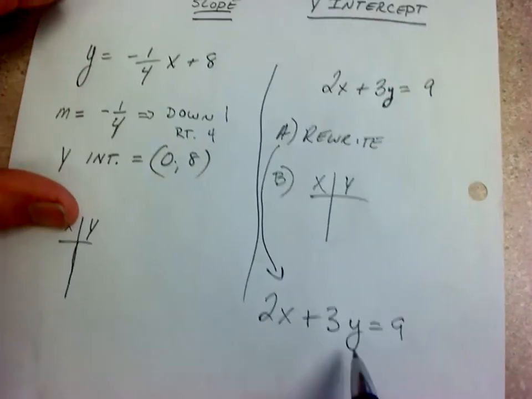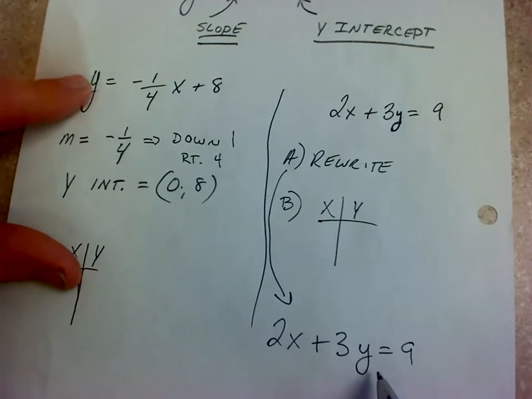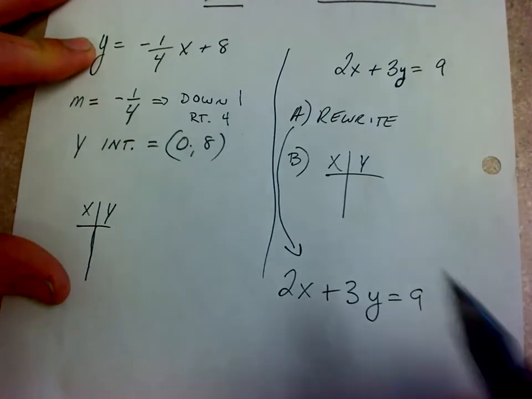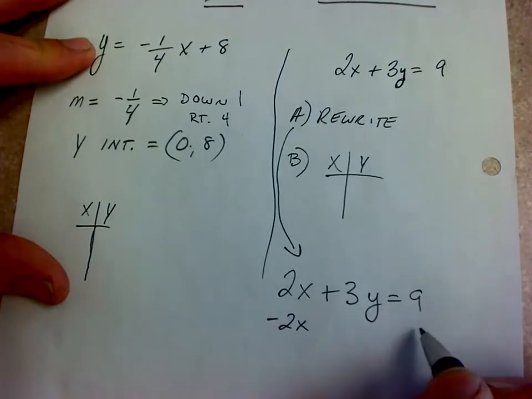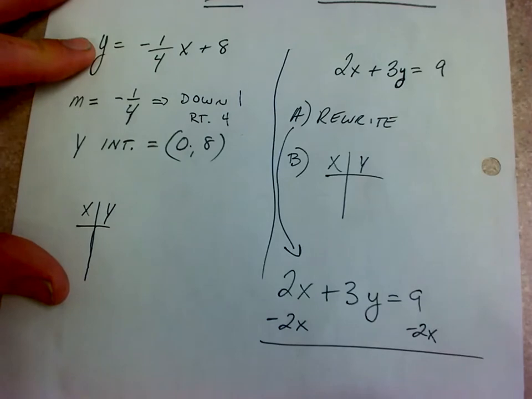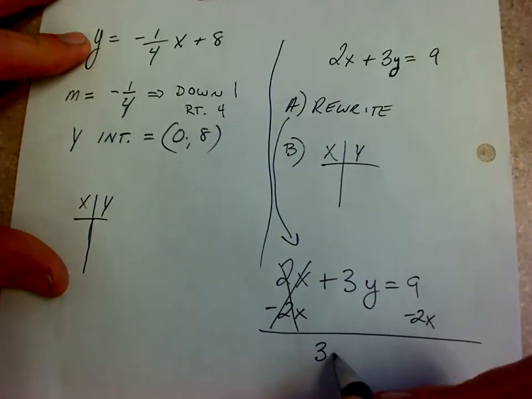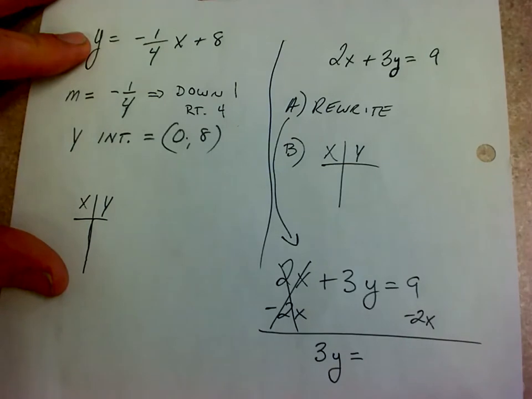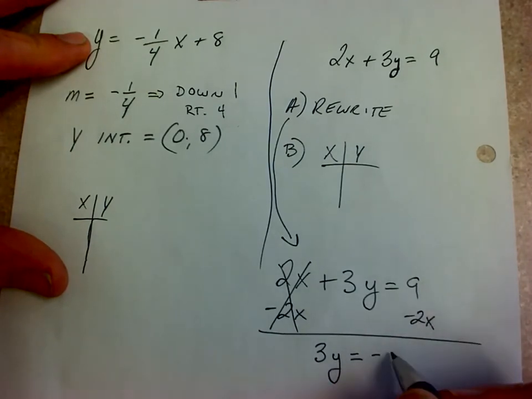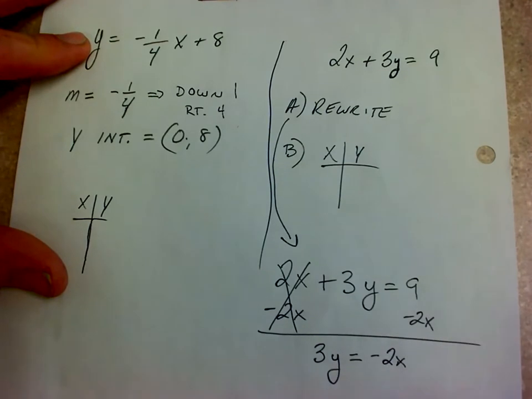So again, recognizing if we want to get this in this y equals form, our goal is to get the y all by itself. So in order to accomplish that, we're going to subtract 2x from both sides. So that leaves us with 3y. These are not like terms. We cannot put them together, so I have to leave them as 2 separate terms.